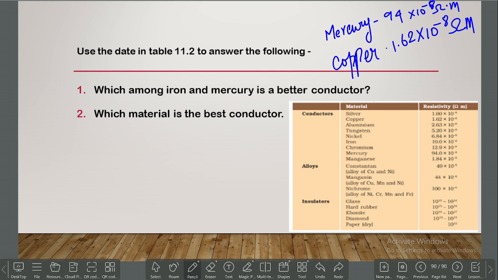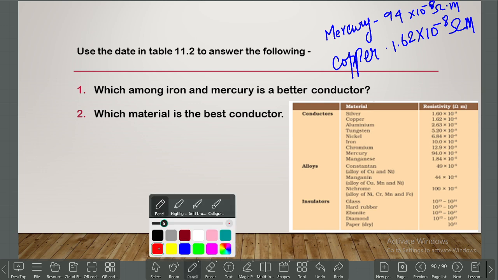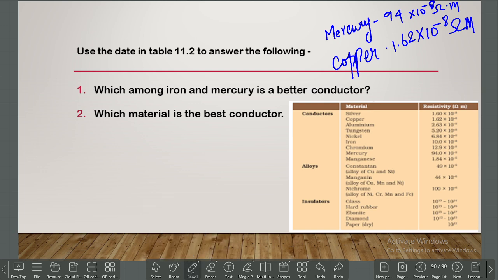Look at these two values and say which one is going to have less resistivity, copper or mercury. Copper is going to have less resistivity.